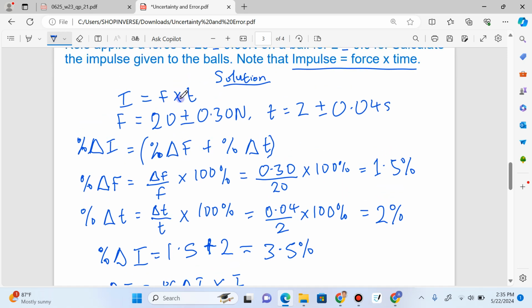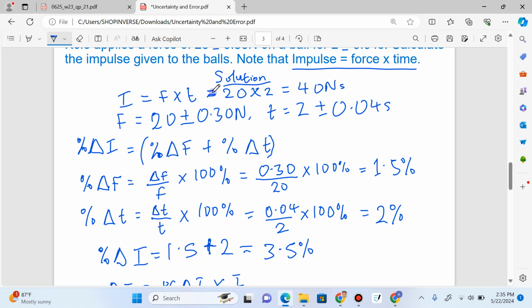Impulse is just force times time. The absolute value of the force is 20, and the absolute value of time is 2. So 20 multiplied by 2, I will get 40 Newton seconds.